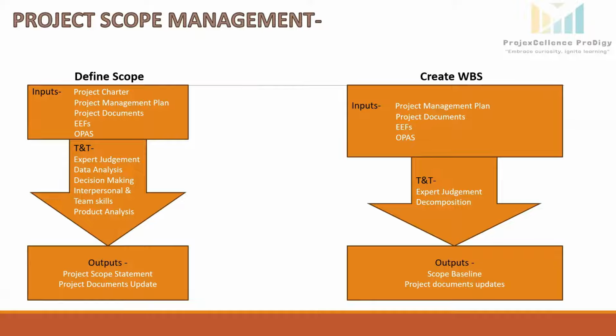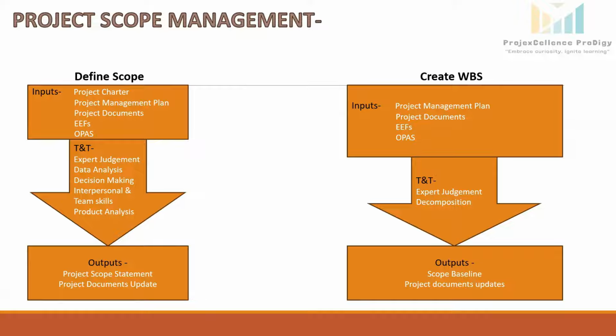The level of detail for work packages will vary with the size and complexity of the project. For example, the deliverable install solar panel can be broken down into tasks like civil work, install mounting structure, install panels, install inverters, install electrical components and cabling. In the next slide, we will be discussing the WBS creation in detail.